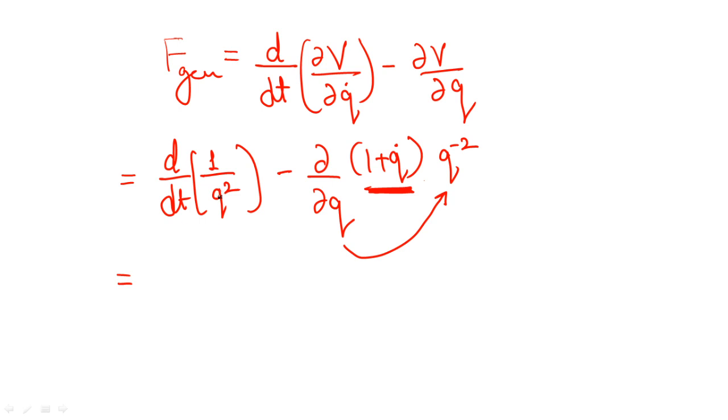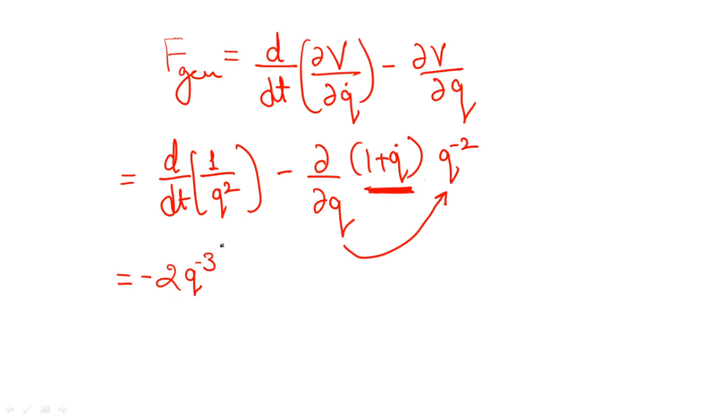Now, after considering this differentiation with respect to t, you will get it like this: differentiate it once, you will get 2 dq upon dt, so you will get 2 q dot, and along with that, because you only had 1 upon q squared here, you differentiate it normally. So minus 2 q to the power minus 3.